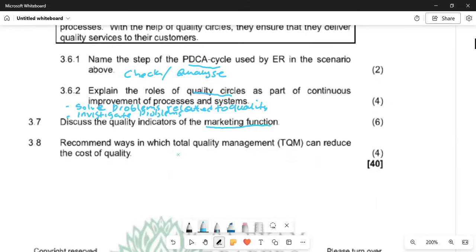The quality indicators of the marketing function.